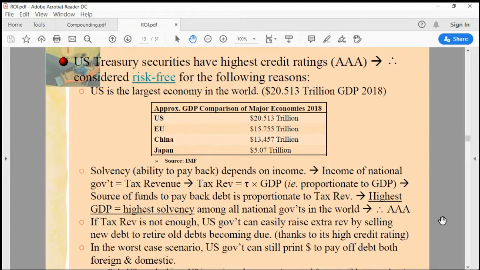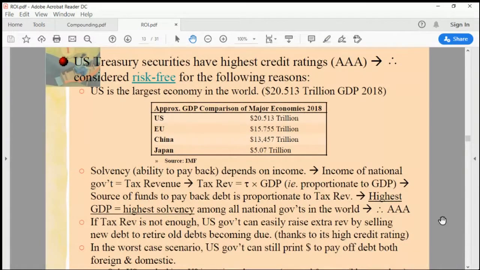Now, the tax revenue is some percentage of the GDP, right? Gross domestic product, right? Some percentage. In all countries, tax revenue is some percentage of the GDP. Make sense? So then think about it.